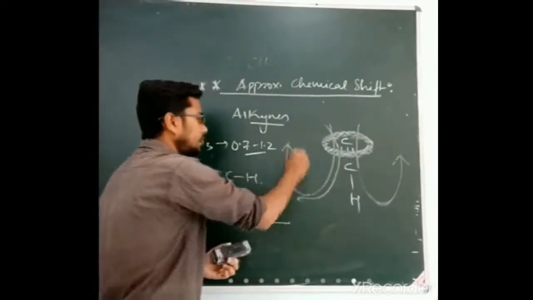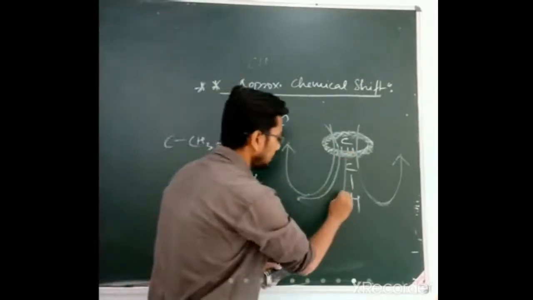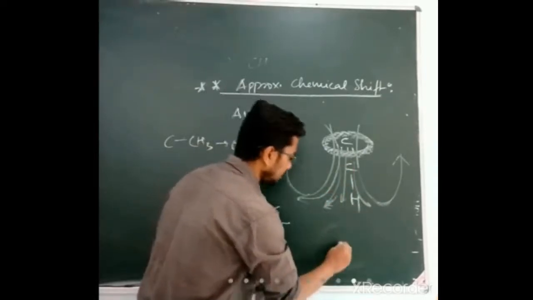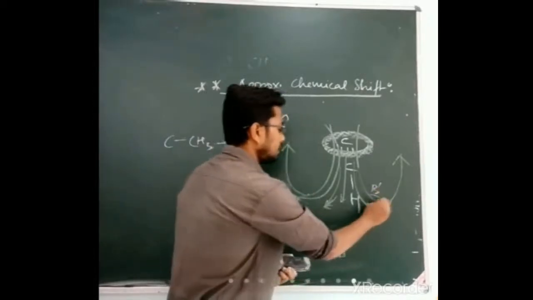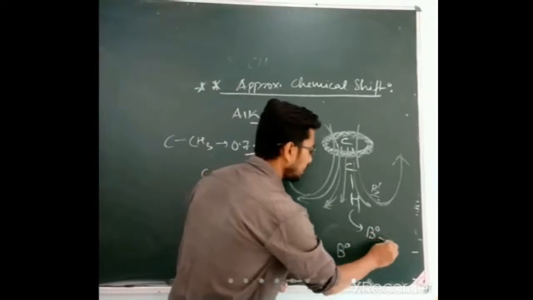As I said in the example of diamagnetic anisotropy, there will be some regions where this hydrogen, now suppose this is B naught, and this is B dash, this hydrogen now will experience a magnetic field which is B naught minus B dash.